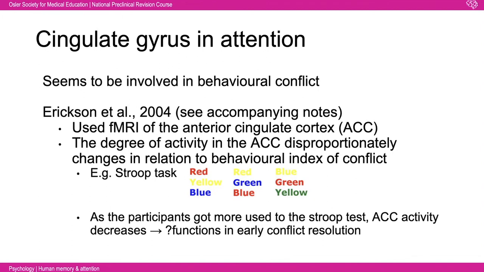So as the participants got more used to the Stroop test, the activity in their anterior cingulate cortex decreased. So maybe it's probably a reach, but you could say that the anterior cingulate cortex might function in early conflict resolution, which is just one example of a process that requires a lot of attention.